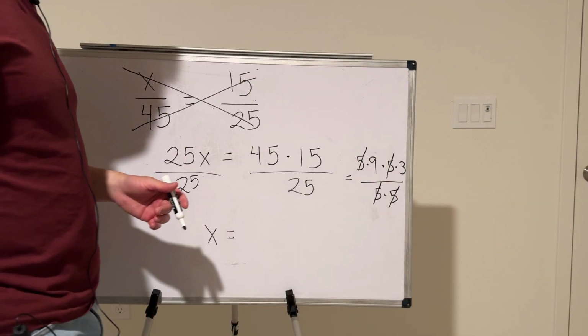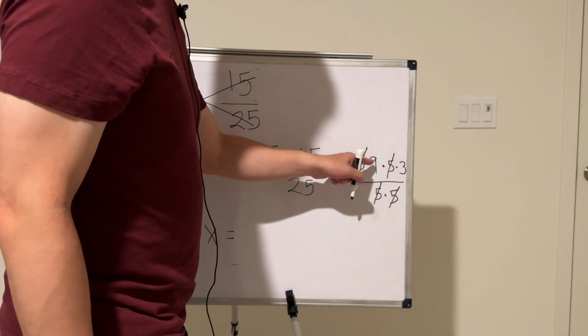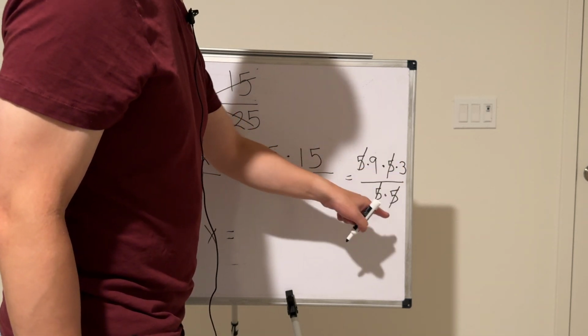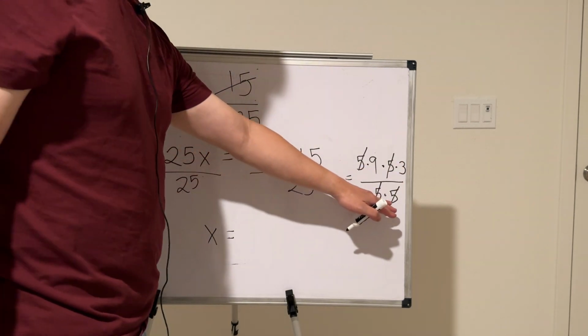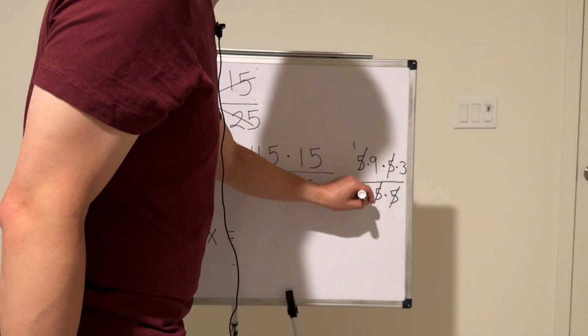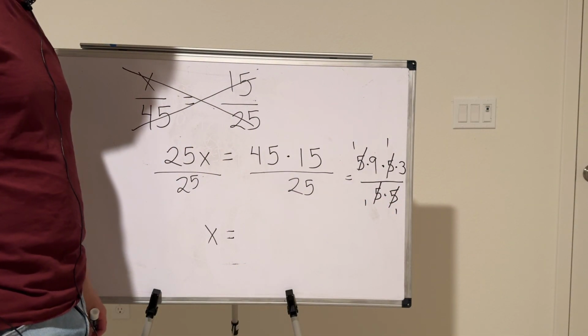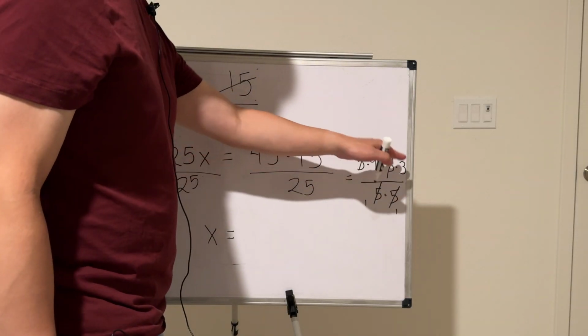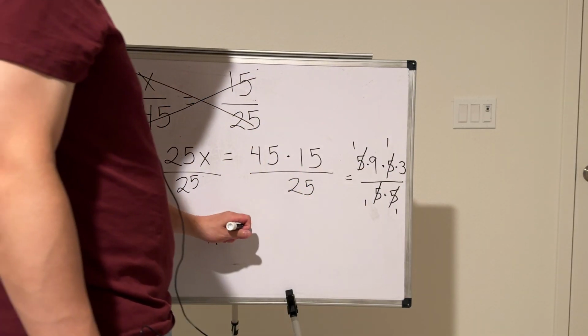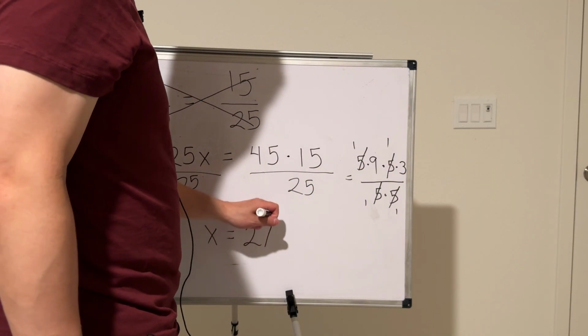And what I'm left with is 9 times 3 divided by 1. Remember, this is not 0. You canceled it out, so you might remember that when we cancel these out, those become 1s. So this is 9 times 3 divided by 1, which is just 27.